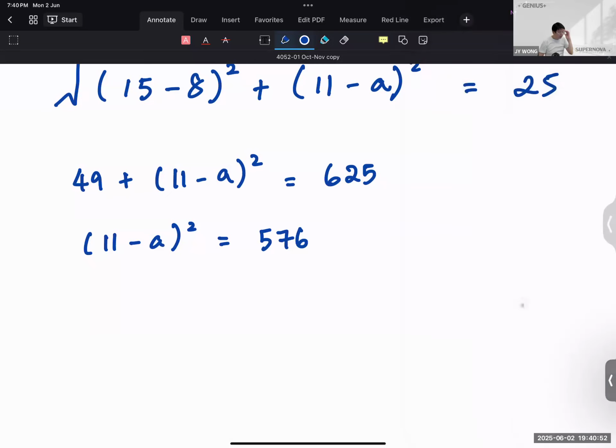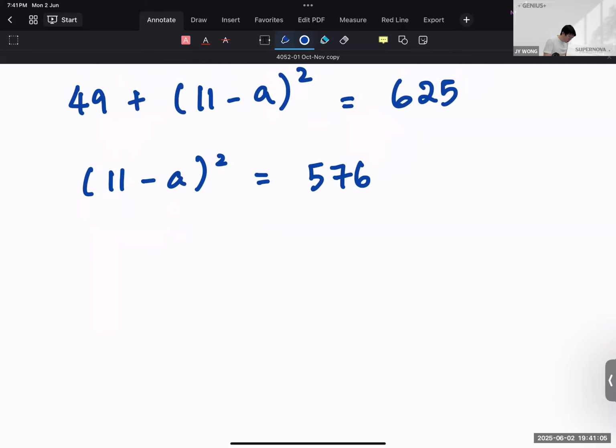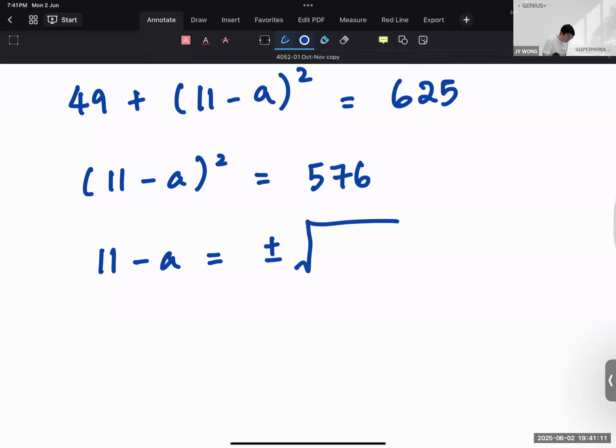Right? And from here, instead of expanding and solving as a quadratic, which also works, I can now take square root. So 11 minus a equals to plus minus square root of 576. You all please remember your plus minus.